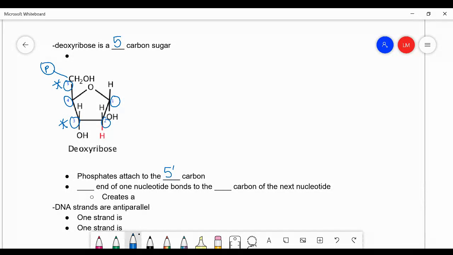And then the 5 prime end of one nucleotide is going to bond to the 3 prime carbon of the next nucleotide. And this creates a sugar phosphate backbone.